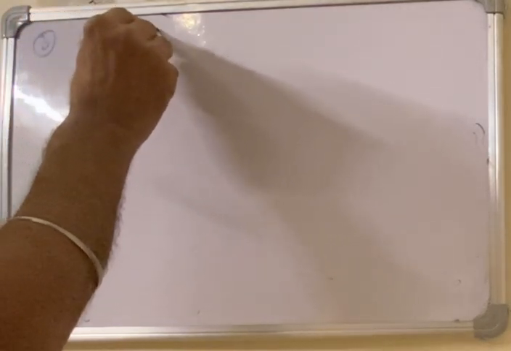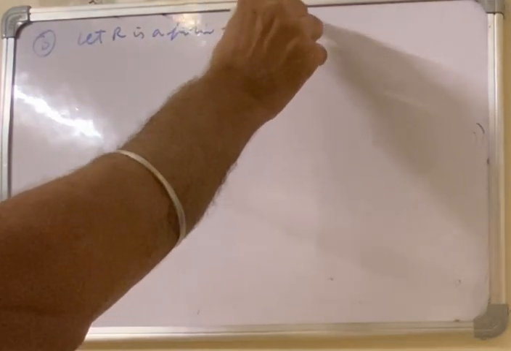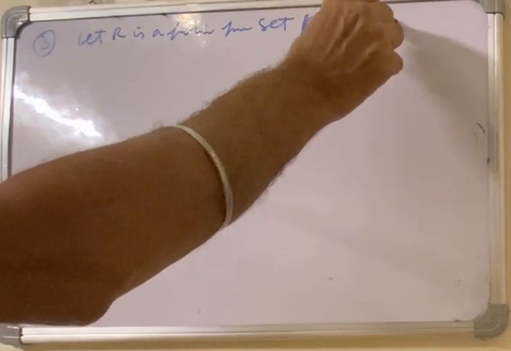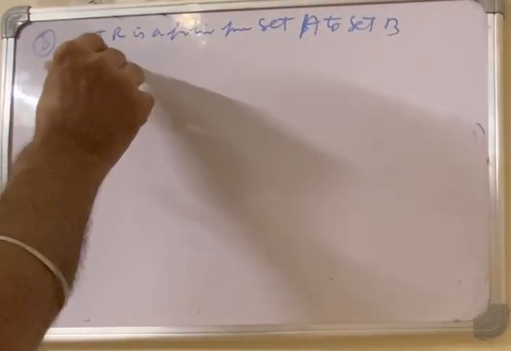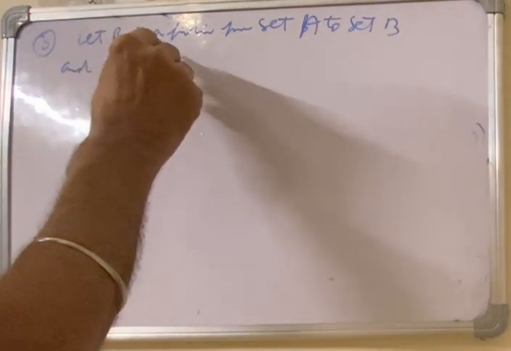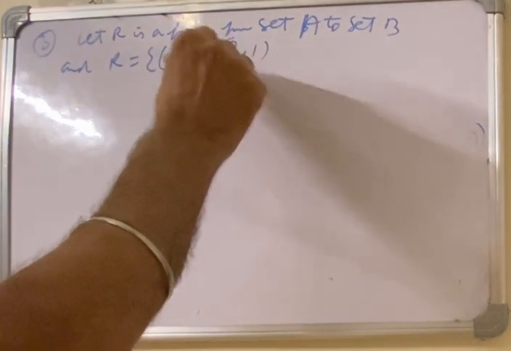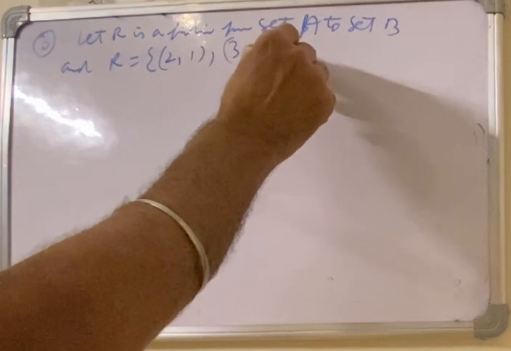Let R be a function from set A to set B, and R is equal to {(2, 1), (3, 1), (4, 2)}.